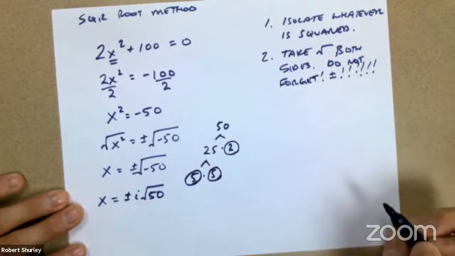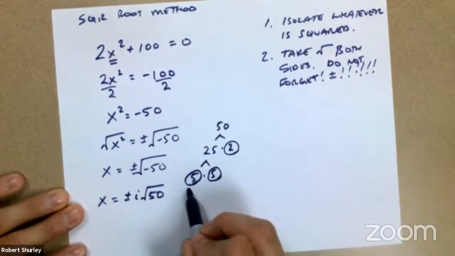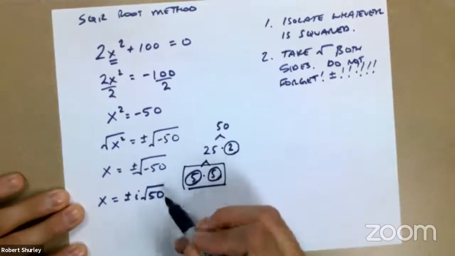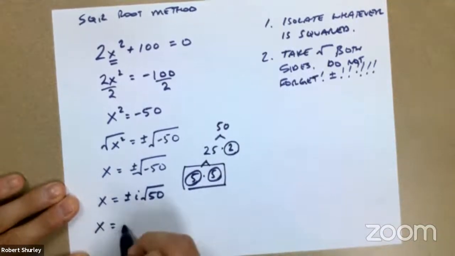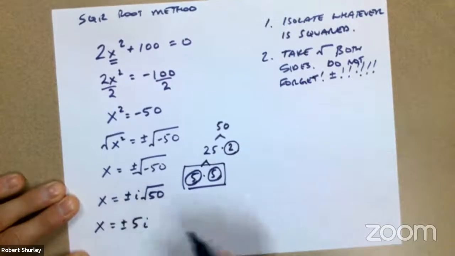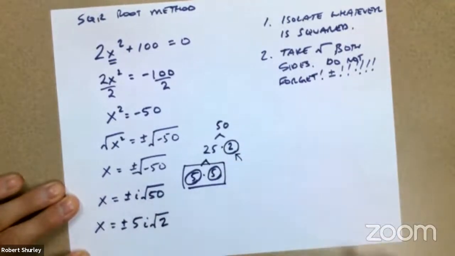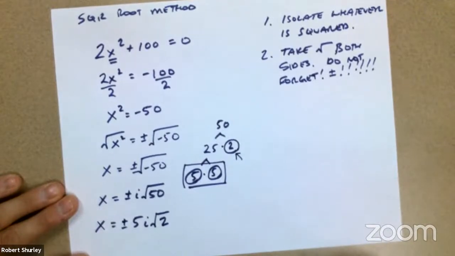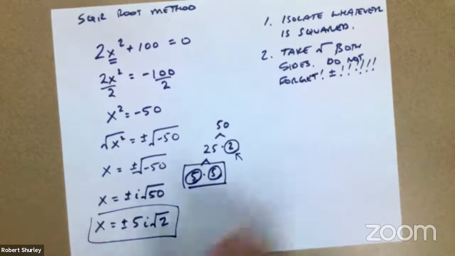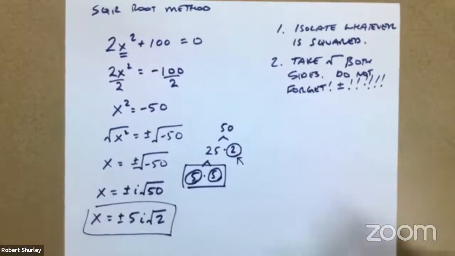These are both prime numbers, and since it's a square root, we're looking for pairs. I got a pair of 5s that can leave the radical. So it becomes 5i square root. 2 does not pair up, so it stays underneath. So plus or minus 5i square root of 2.